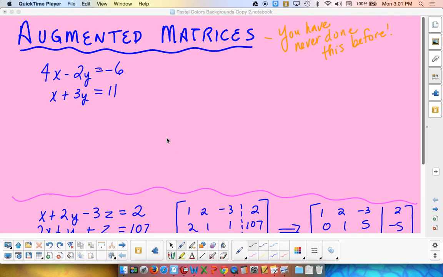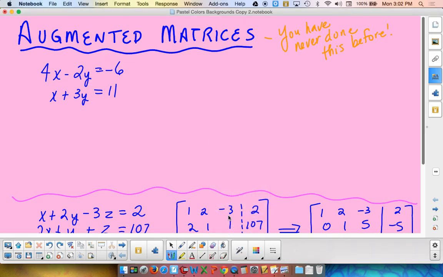So in our first example here, I just want to explain to you what an augmented matrix is and why it's called an augmented matrix. In the past, we made a matrix of the coefficients on the x's and the y's. So we made a matrix out of those four numbers, and then we made a matrix out of those two.